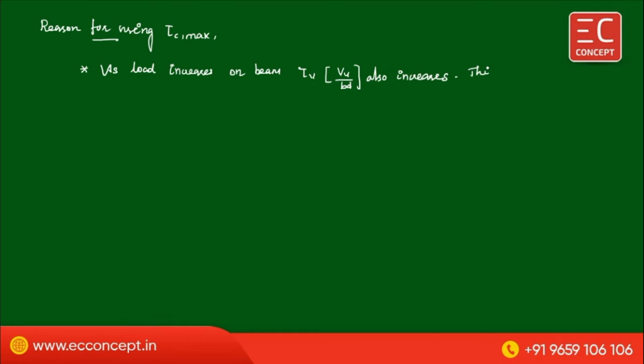This tau V produces tension on one diagonal, and compression on another diagonal.